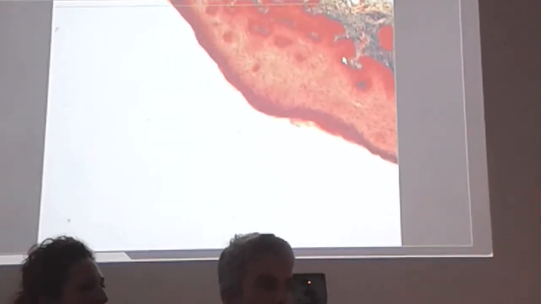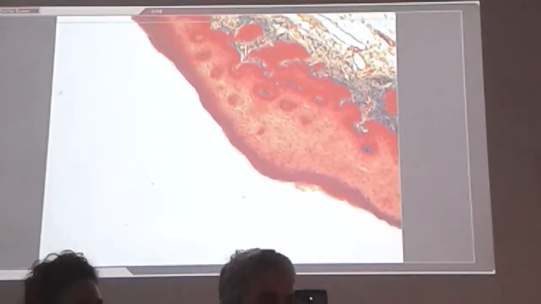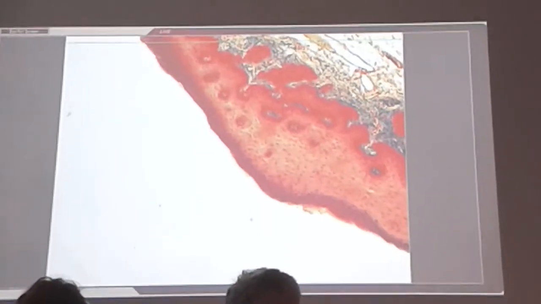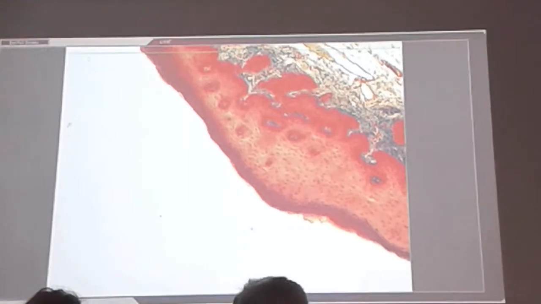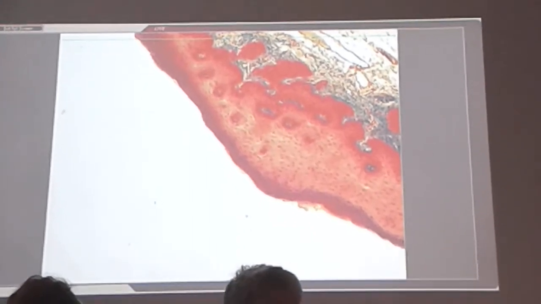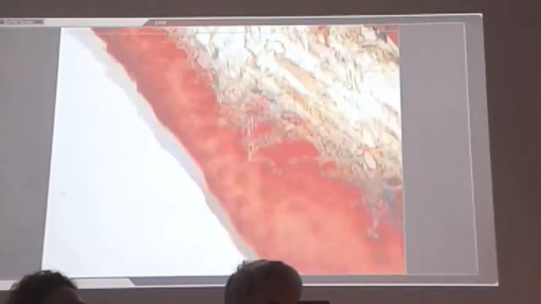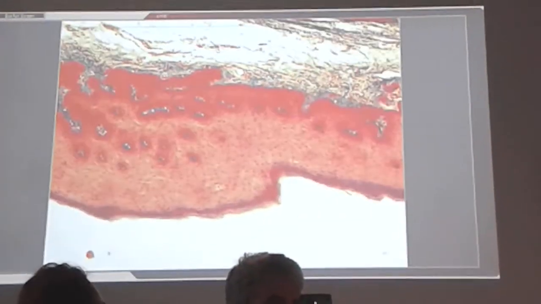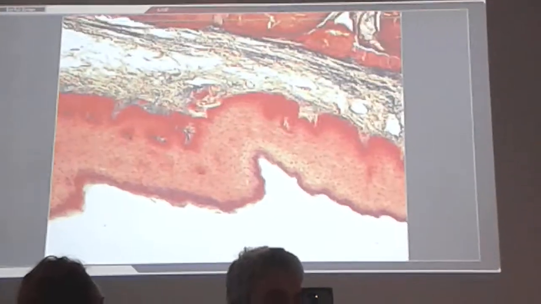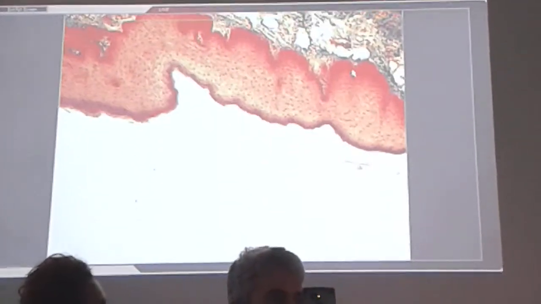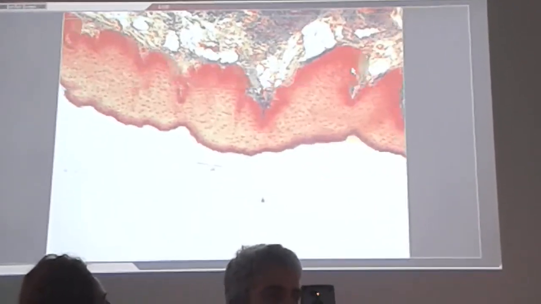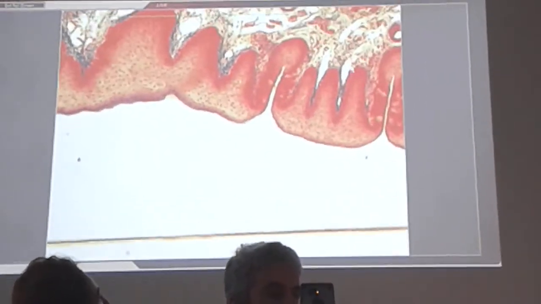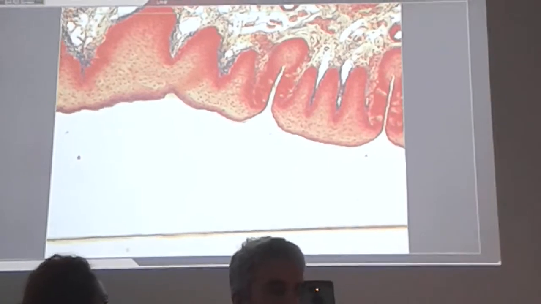It is still stratified, and sometimes the lamina propria and the submucosa are invading through the epithelia, and those invasions should be clearer when we get to the papilla structures. At the moment, more about the stratified epithelium, and then here is our first papilla structure.